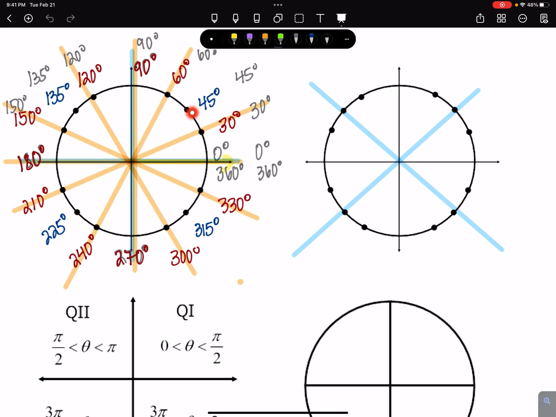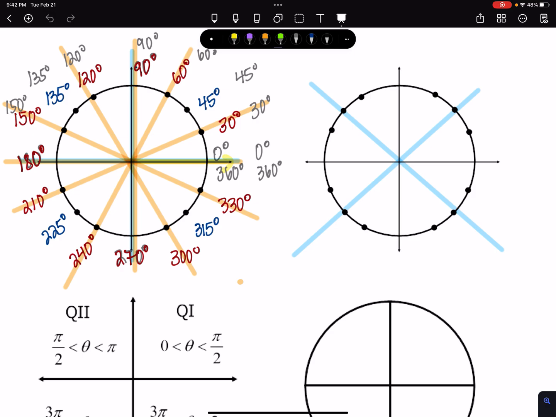So this jump from 30 to 60 is 30 degrees, but halfway in between there, I've got that 45 degree mark. So half of 30 is 15 and 15 because everything's symmetrical.